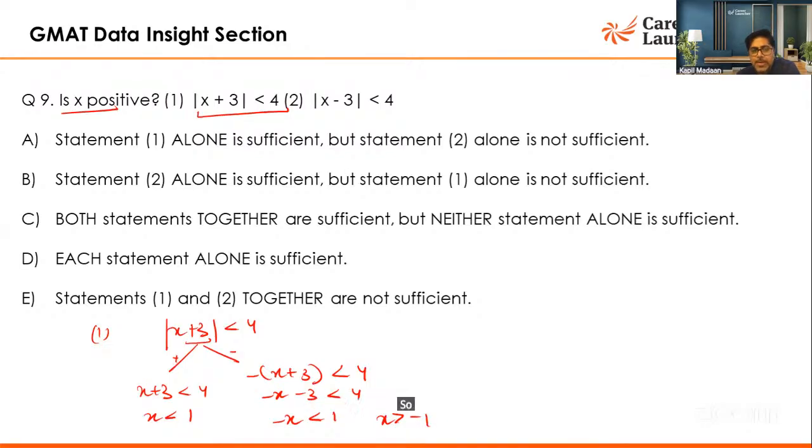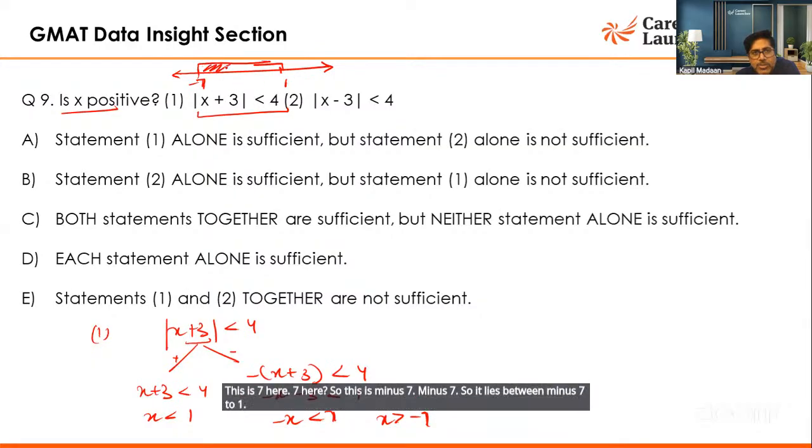So from statement 1, if you visualize on the number line, x is less than 1 and greater than minus 7. So it lies between minus 7 and 1, all these values.